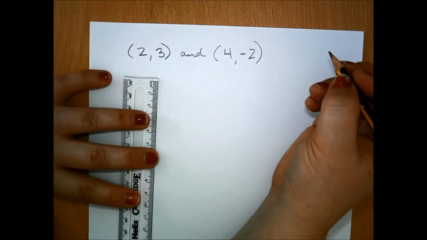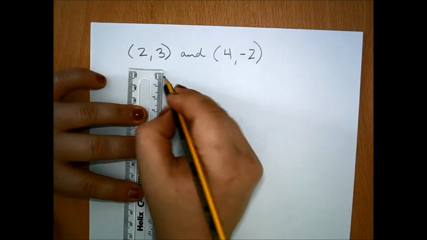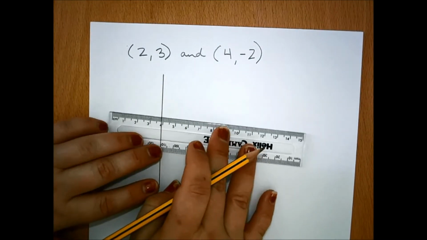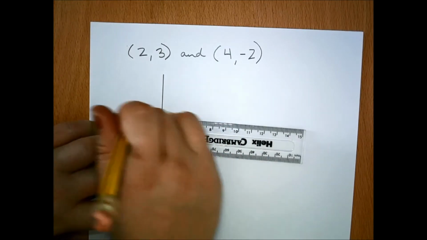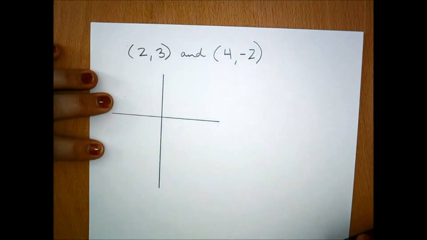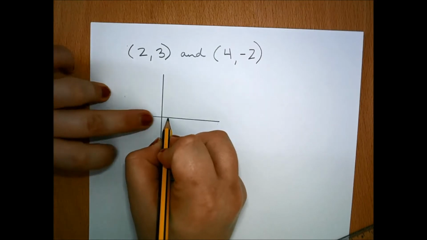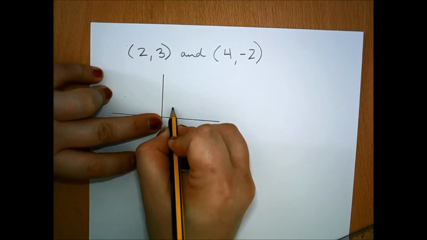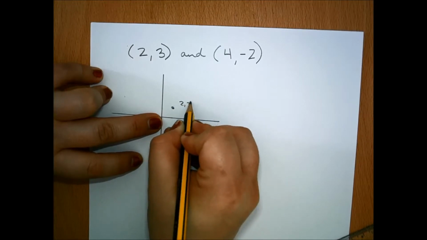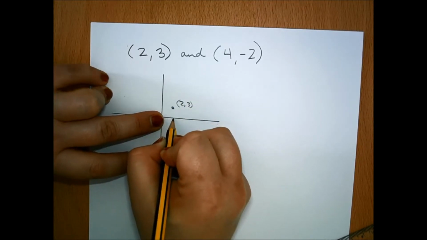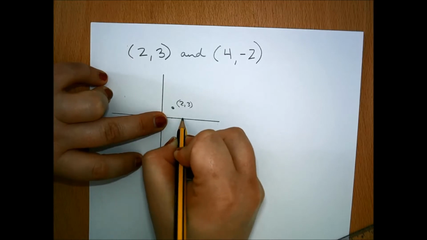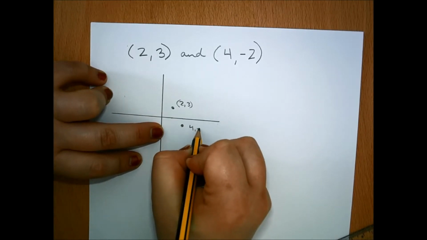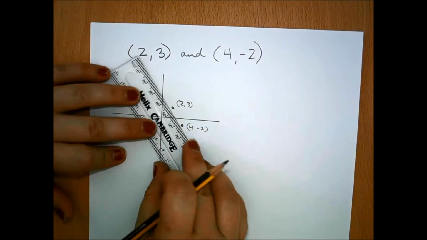I'm not going to write out the instructions here because we know we want to write an equation. Plot the 2 points, (2, 3) and (4, -2). Draw the line.